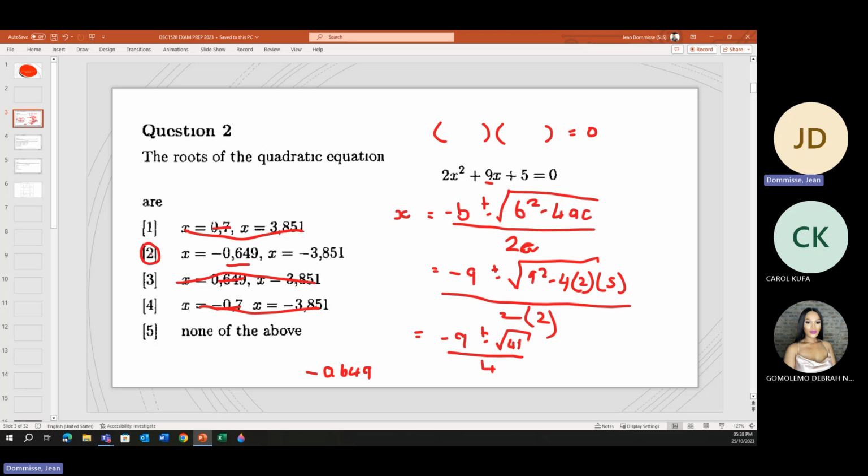If we divide by 4, we get the other x, which is equal to negative 3.851, which is then that one.